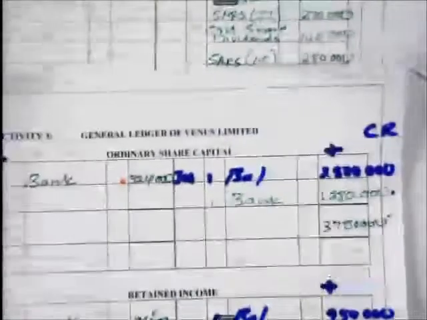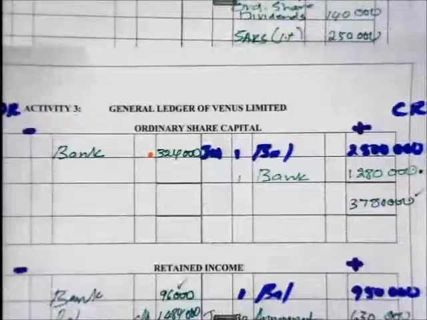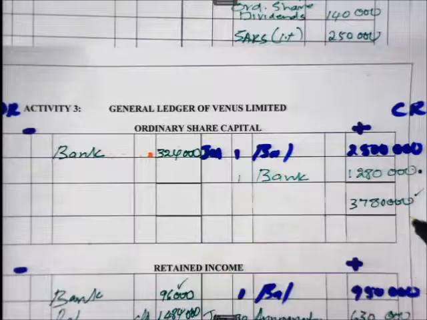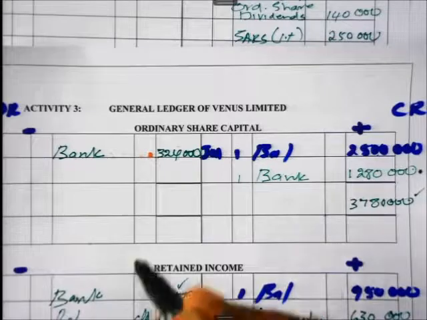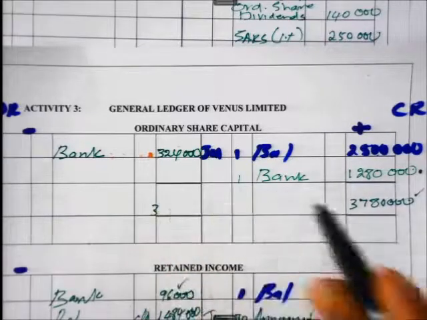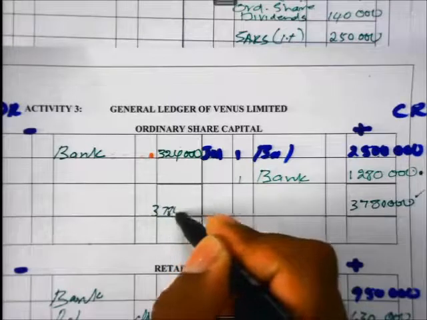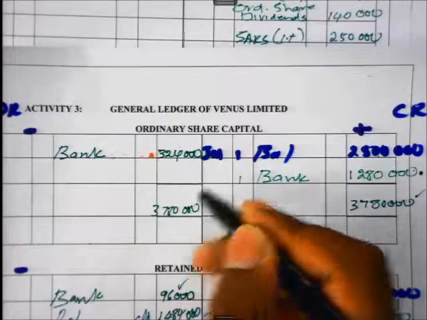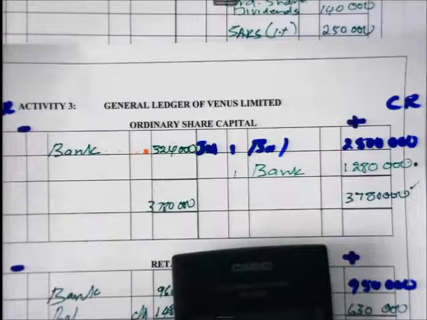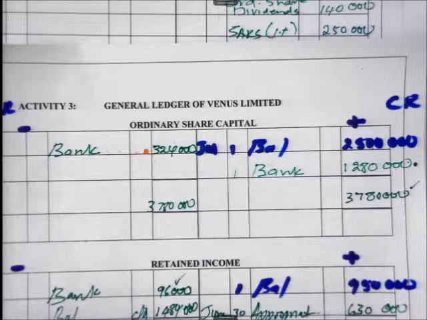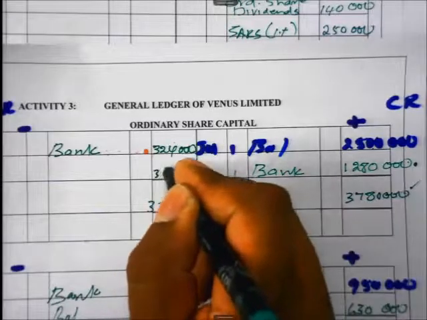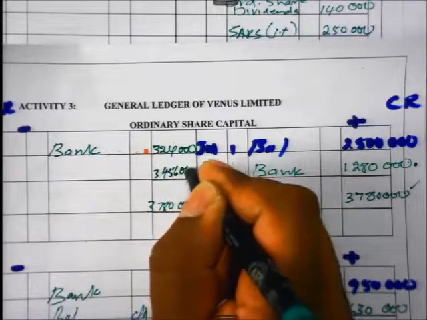You do the same. You balance ordinary share capital. The credit side is bigger than the debit side. We have already established that the total of the credit side is 3,780,000. Then you bring it on the debit side, 3,780,000, and then from that we minus the 324,000. 3,780,000 minus 324,000 gives us 3,456,000.